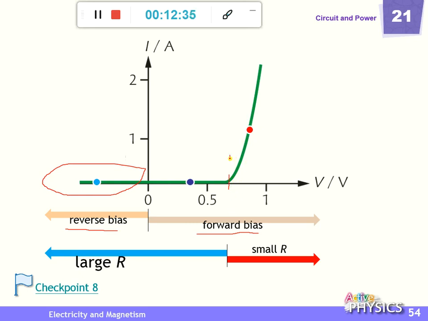And here, this one is the distinguishing point. Lower than it means maybe negative. It means the reverse bias, or the voltage is less than 0.6 volts. Then what will happen? This diode will act as a very large resistor to oppose the flow of the current. But on the other hand, if the voltage is larger than 0.6 volt, then the current can flow very easily. The resistance will be smaller than before.